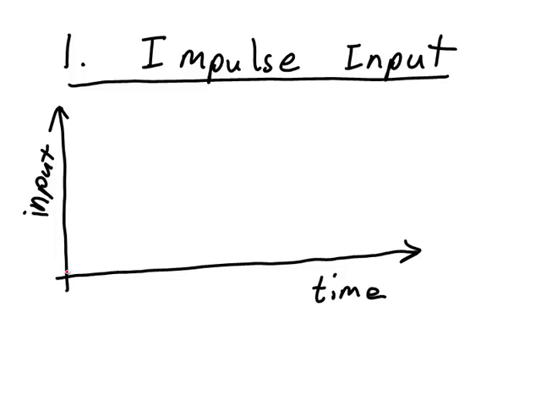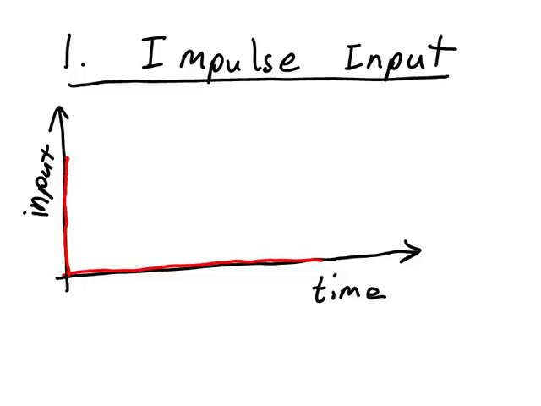An impulse input is 0 at all times except for one time, usually at time 0, but not always at time 0. Now, theoretically, the amount of time that the input is non-zero with an impulse is actually 0 time.